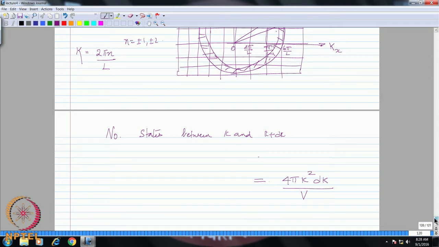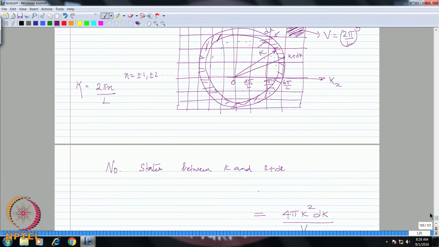You understand? So, we have already represented this variation between kx and ky, and now we are culling out a small region, a differential region. We are calculating that volume there. Okay.